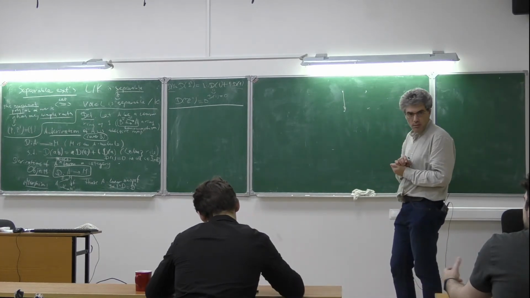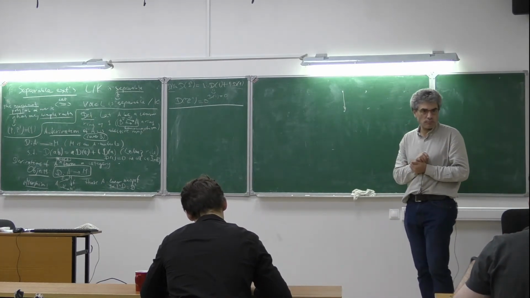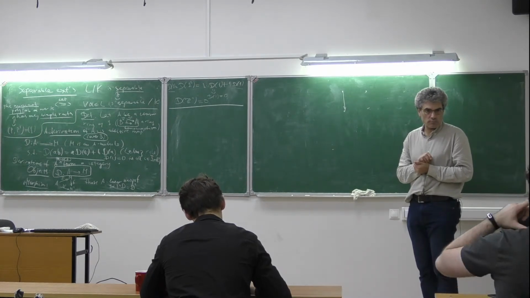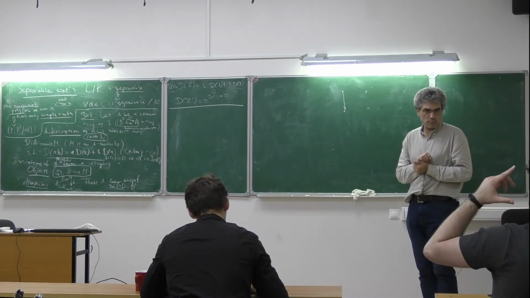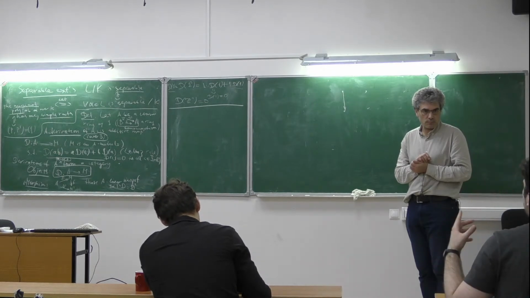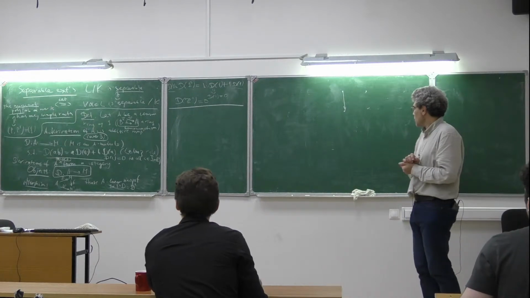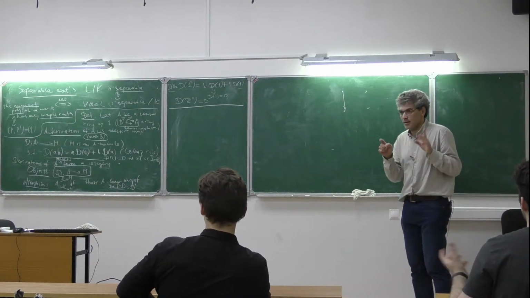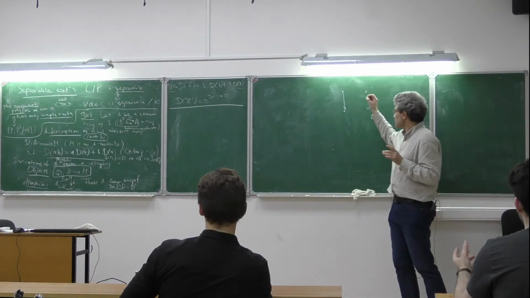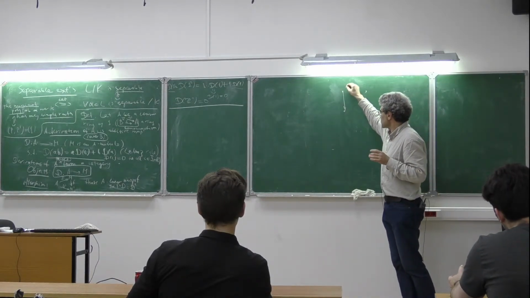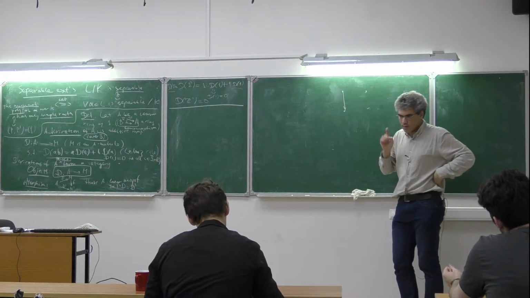I don't understand what a category is in the sense of how it is connected with commutative diagrams. What's the connection? Well, I didn't say what a category is.